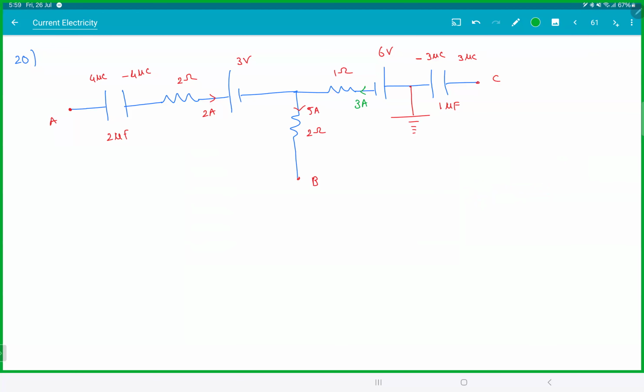So there's a current in that branch, so you calculate from there. Next thing, you said this is 0 volt, fair enough. So you can go from 0 to C. So this is 0. You're going from negative to positive plate, so that is plus 3 microcoulomb by 1 microfarad, and you reach C. So VC is 3 volt. You directly just go from O to C.